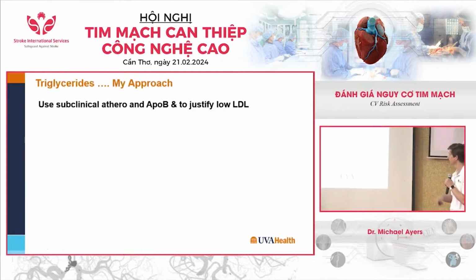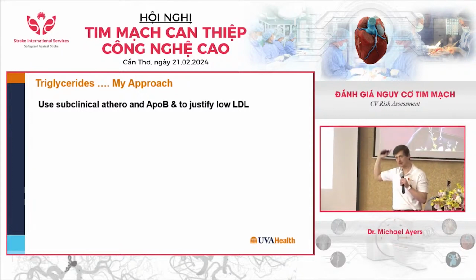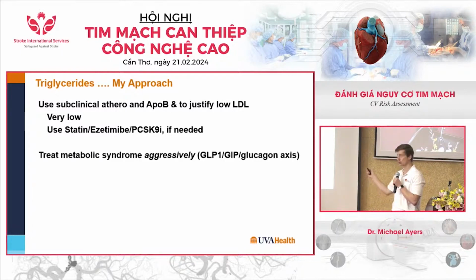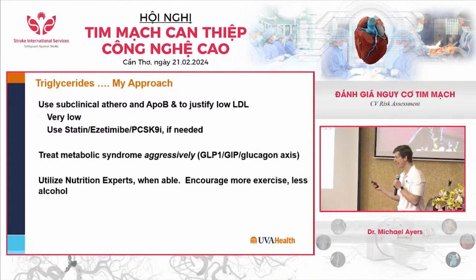So here's what I say. I drive down LDL and ApoB as low as I can. Very low. I use all the drugs that I can, and I lower LDL because I know it's bad. I treat metabolic syndrome and diabetes with drugs that you're going to hear about in the next talk. I use nutrition when that's available to me, when a dietitian's available to me. I tell them to move a little bit.